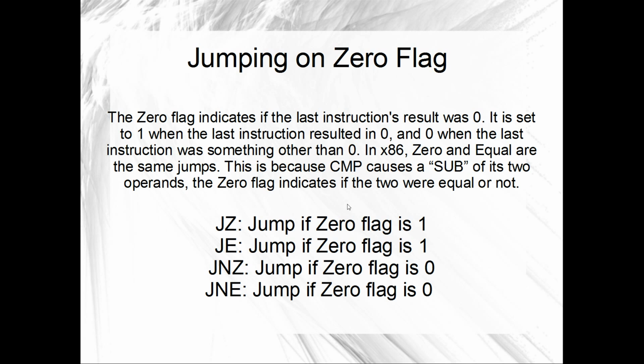So cmp RCX, RAX and jump if equal is the same as saying cmp RCX, RAX, jump if zero flag. I think I might have switched those around. Okay, and likewise jump if not zero flag means jump if the zero flag is 0. In other words, jump if they were not equal.